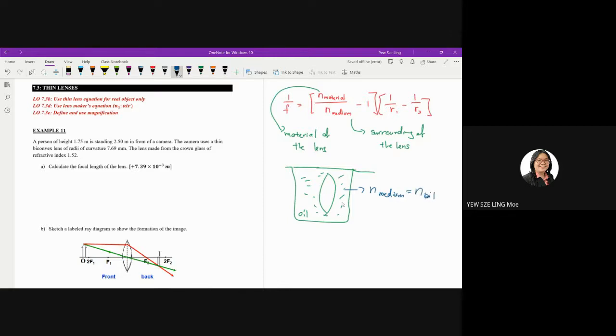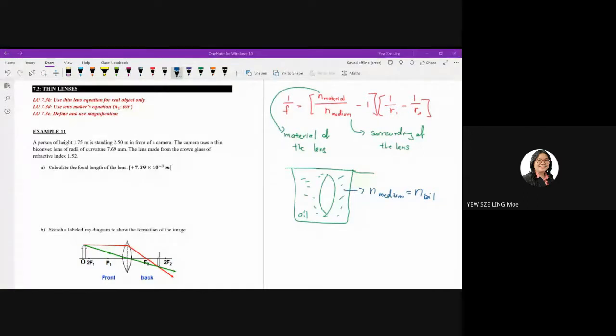It is no longer equal to 1. Don't always assume N medium is 1. You have to look at the medium, where you put the lens, whether in a room with air, or inside water, or inside oil, and so on. So that is the meaning of medium.